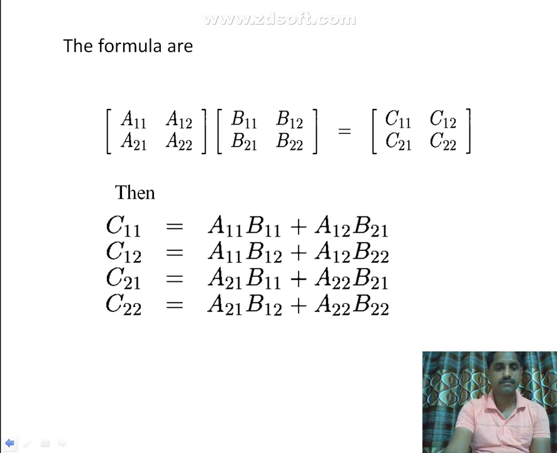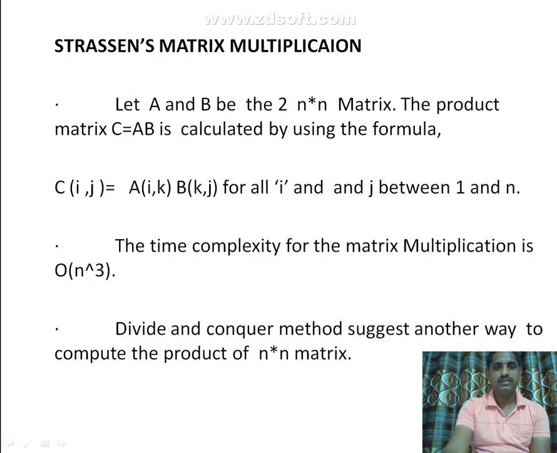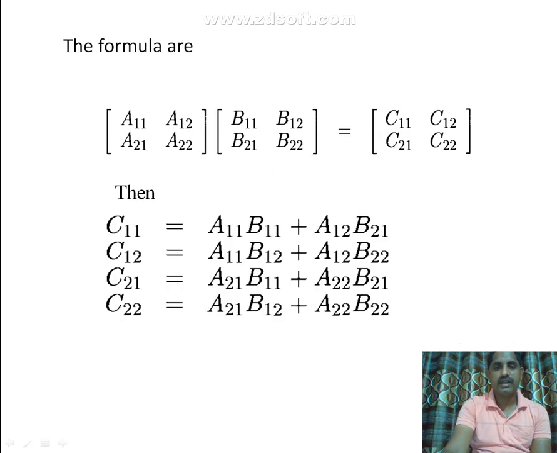C of i j is A of i k, B of k j. The time complexity for the matrix multiplication is big O of n cube. Here we take 8 multiplications: A11 B11, A11 B12, A21 B11, A21 B12, A12 B21, A12 B22, A22 B21, A22 B22.